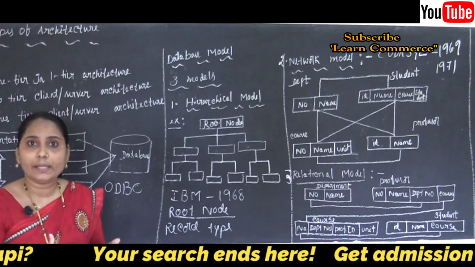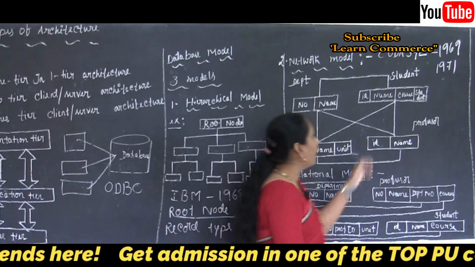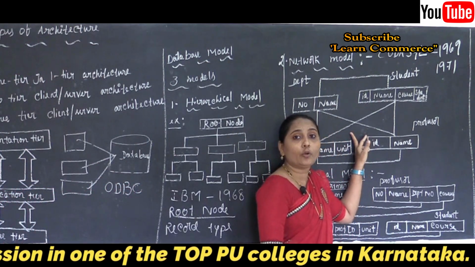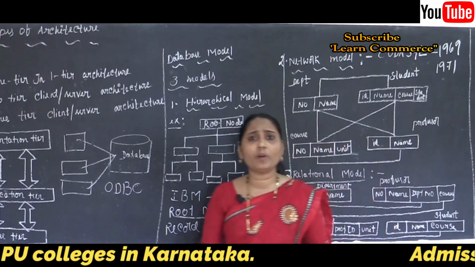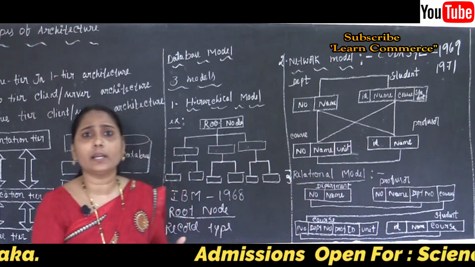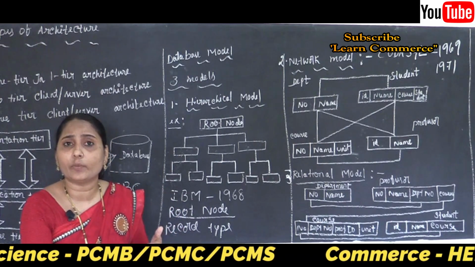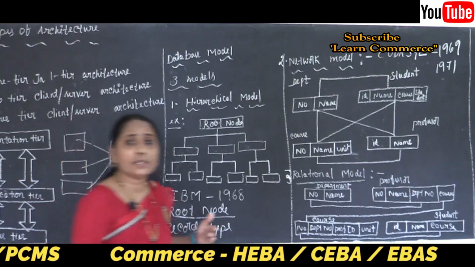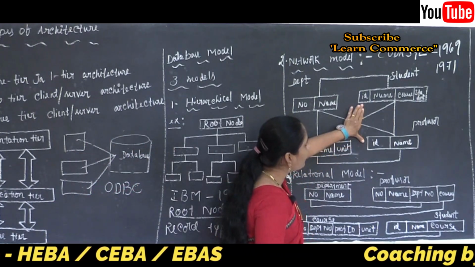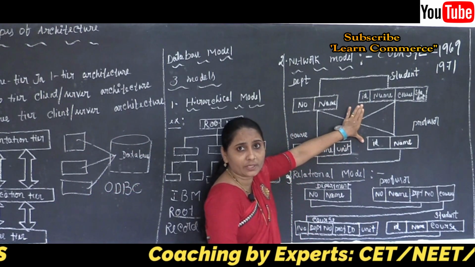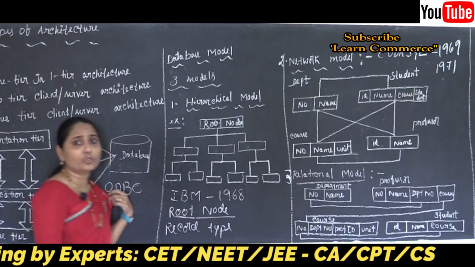So the link in a network data model represents the relationship. Here also we are using the link.